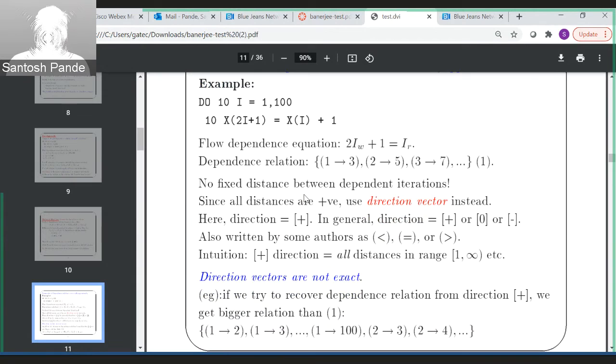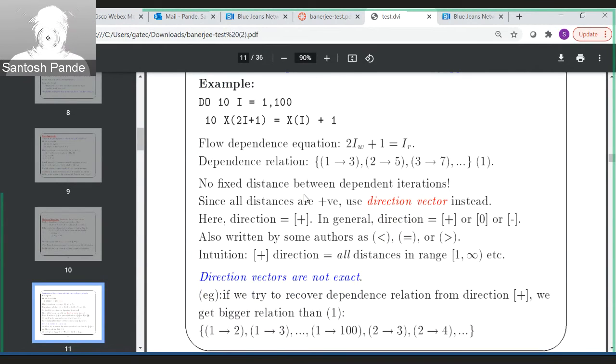We can get, however, the direction vector, and the direction vector is less than, equal to, or greater than. We can do so by using iw minus ir, and whether that becomes a positive number.